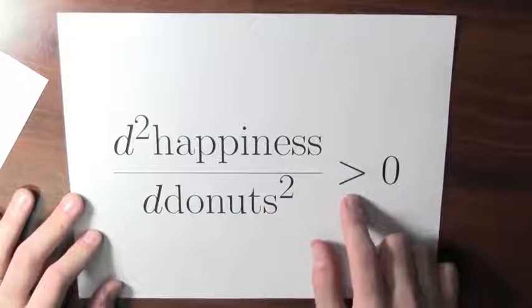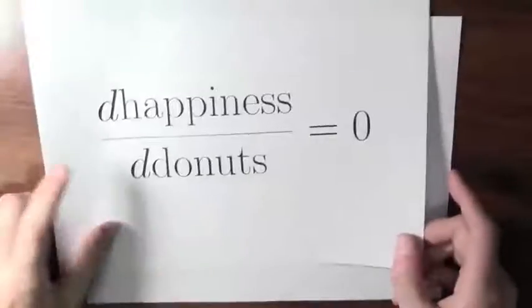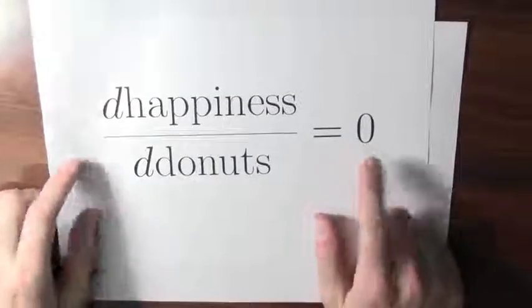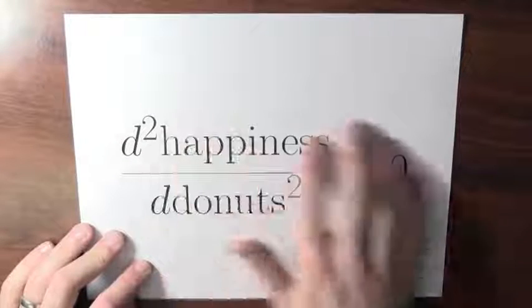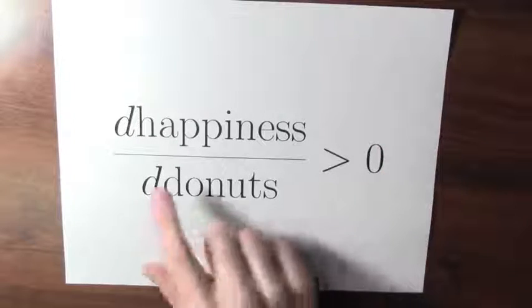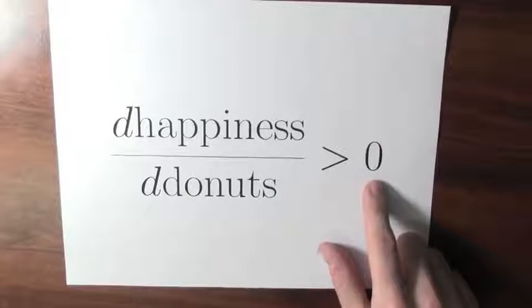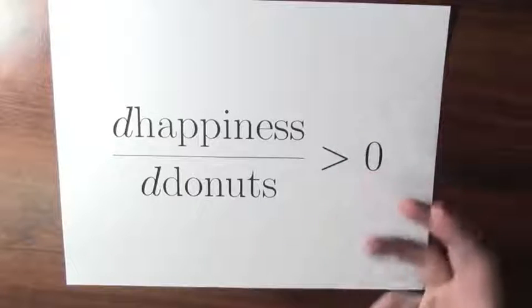If this were positive right now, should I be eating more donuts even though d happiness d donuts is equal to 0? Well, yeah, if this is positive, then a small change in my donut eating habits, just one more bite of delicious donut, would suddenly result in d happiness d donuts being positive, which would be great. Then I should just keep on eating more donuts.